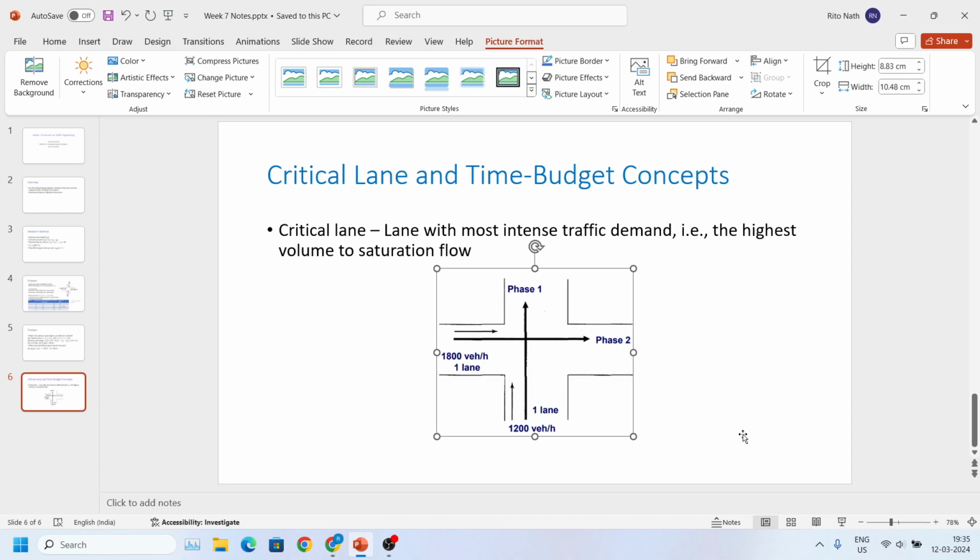The cycle length, total lost time, saturation headway, peak hour factors, and everything were given. So you have to determine the cycle length which will satisfy the minimum required cycle length to accommodate the critical lane volumes. And if not, you have to find out the appropriate number of lanes that each lane group needs to have and the desirable cycle length. So that was the data that you had.